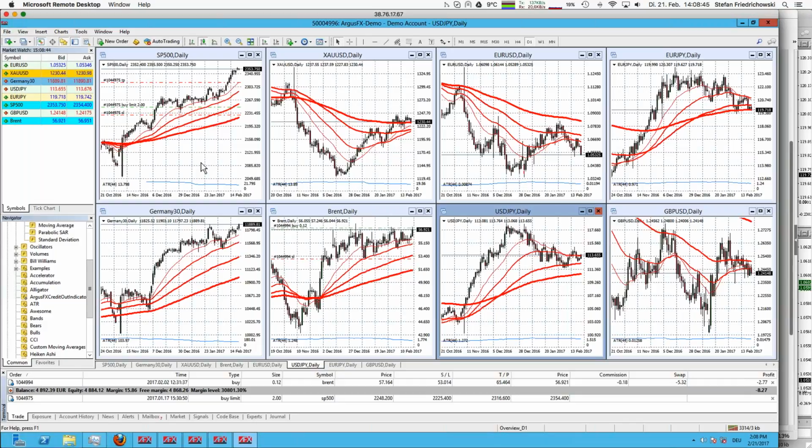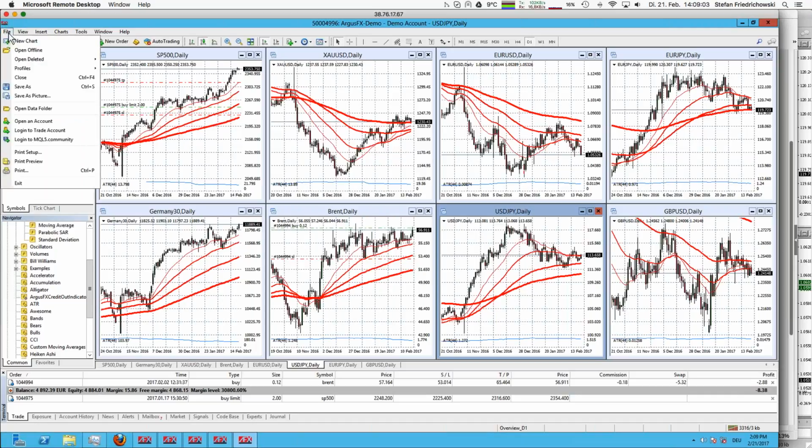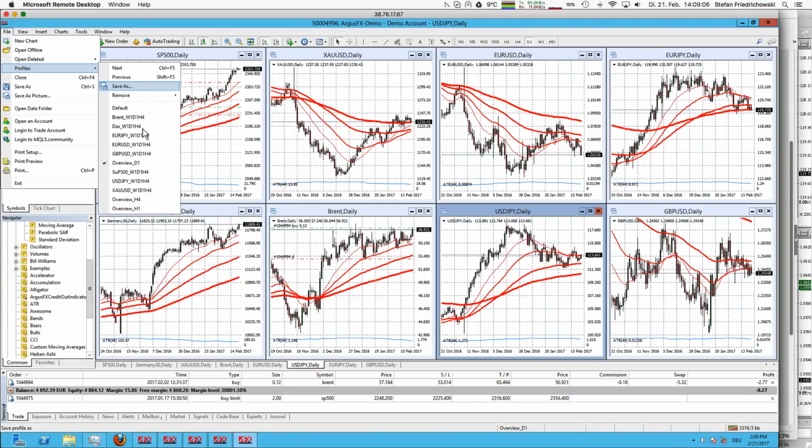So in principle, I have even prepared the same kind of profile for different time frames. What we have here is the D1, so the daily charts, but I have used the same kind of setup for 2 other time frames, namely H4 and H1.